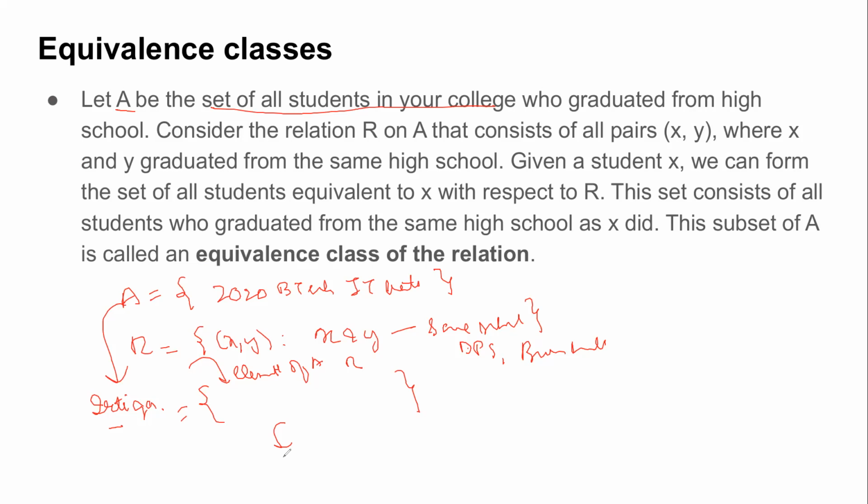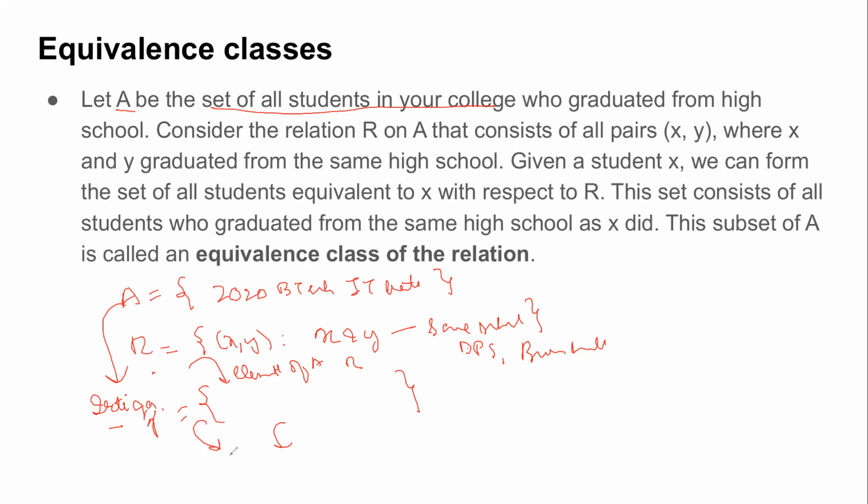I have set A, which is the set of all possible students in your batch. Then I define a relation, ordered pairs of two students who have graduated from the same high school. Now I pick one element from the set, and I say I want to return all the students who are related to this element via R, right?